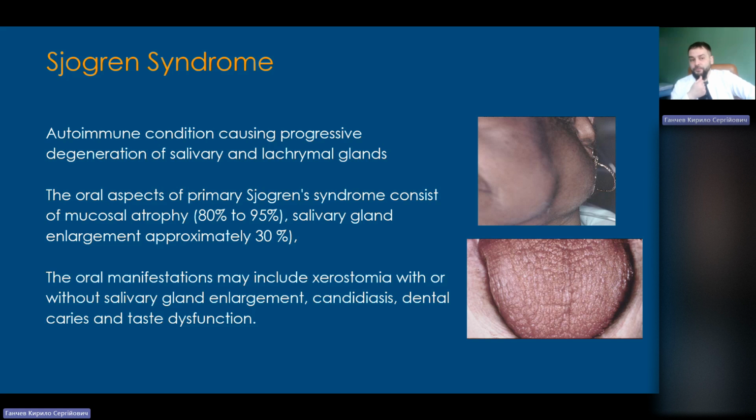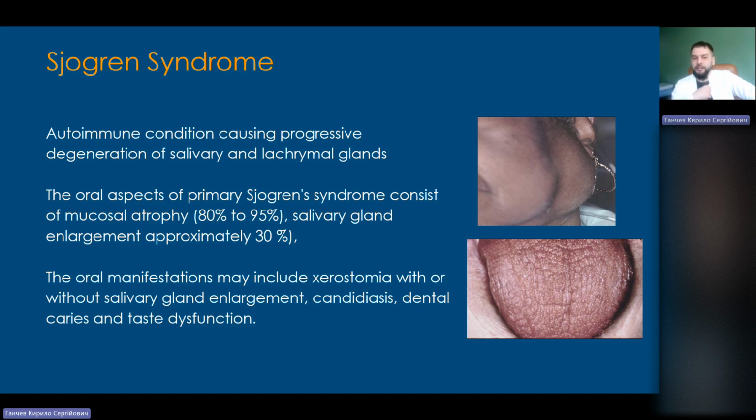Okay, so this syndrome is an autoimmune condition causing progressive degeneration of salivary and lacrimal glands. Lacrimal glands are those glands that produce tears.